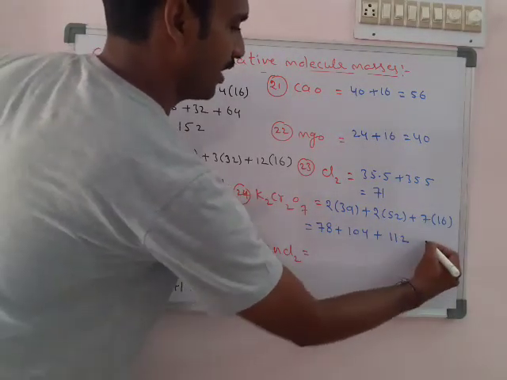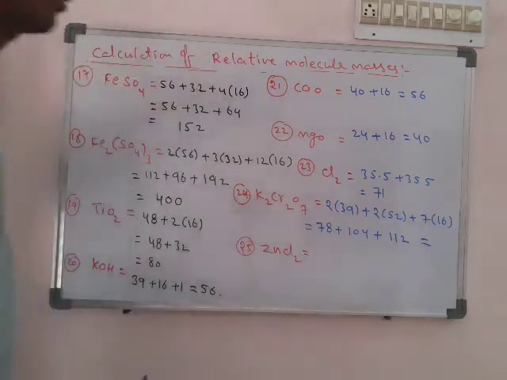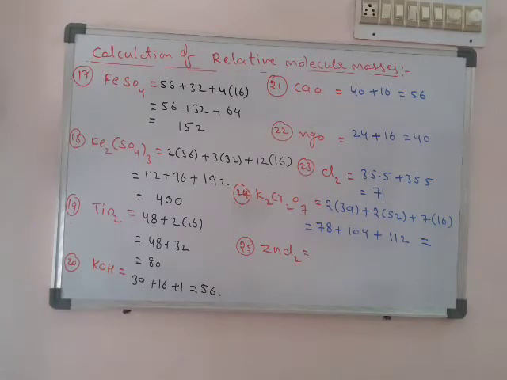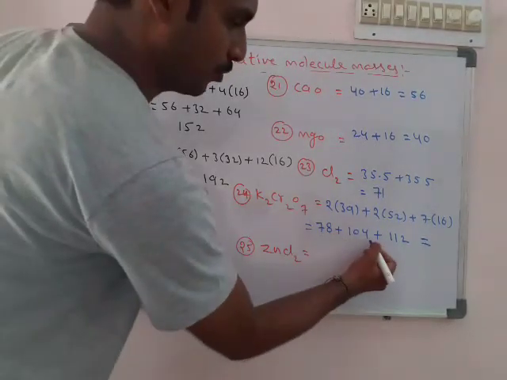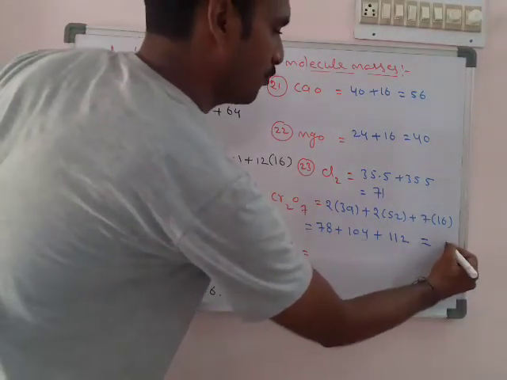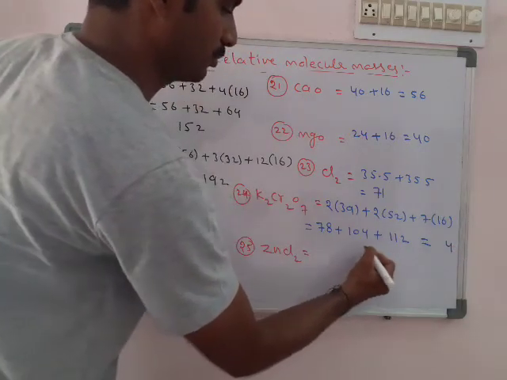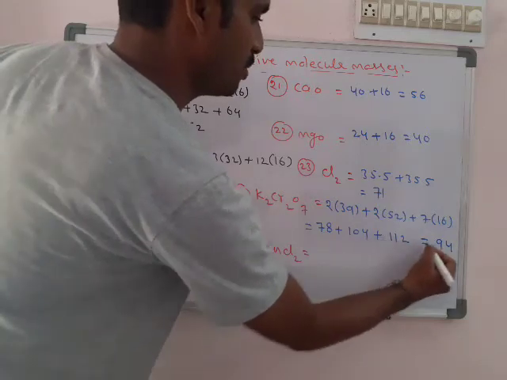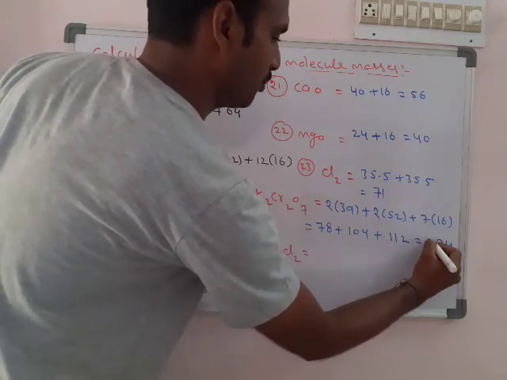What is the final value we'll get? Let's do it. Okay, 8, 4, 12, 14. Okay, 2, 9, 1, 1, 2. It will get 294.